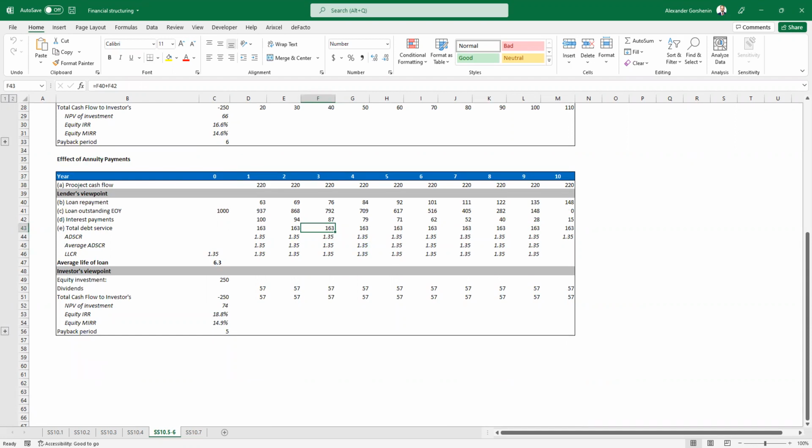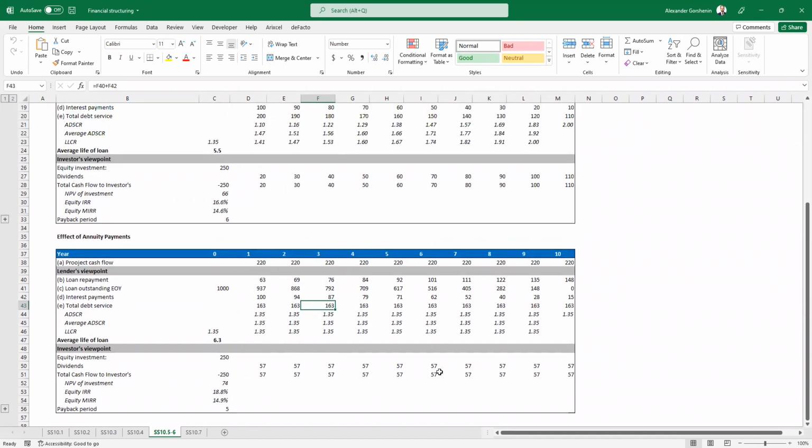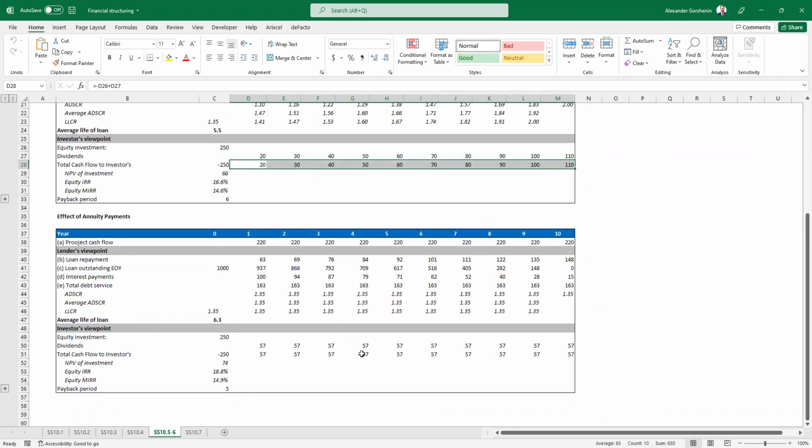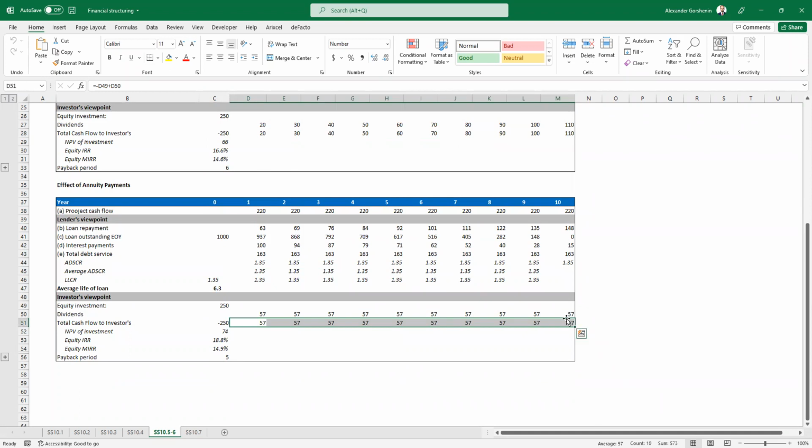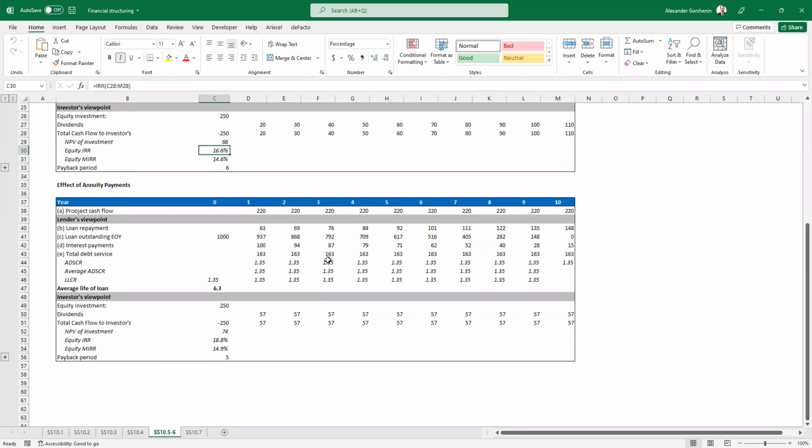Although the total dividends received by the investors over the life of the project reduced from 650 to 573, the timing has changed and the investors' IRR improves from 16.6 to 18.8.